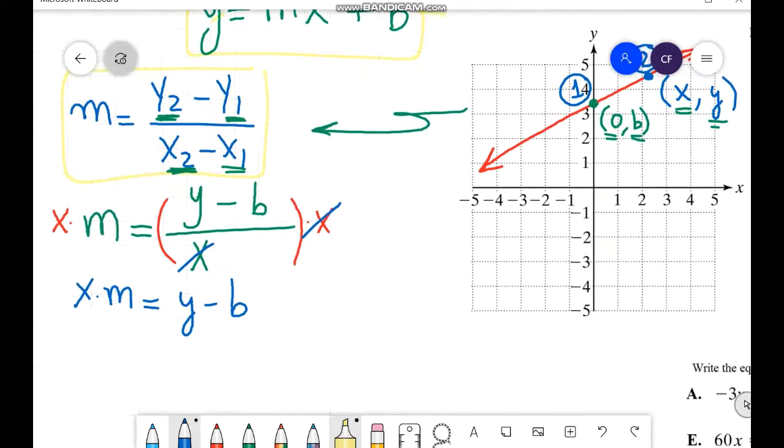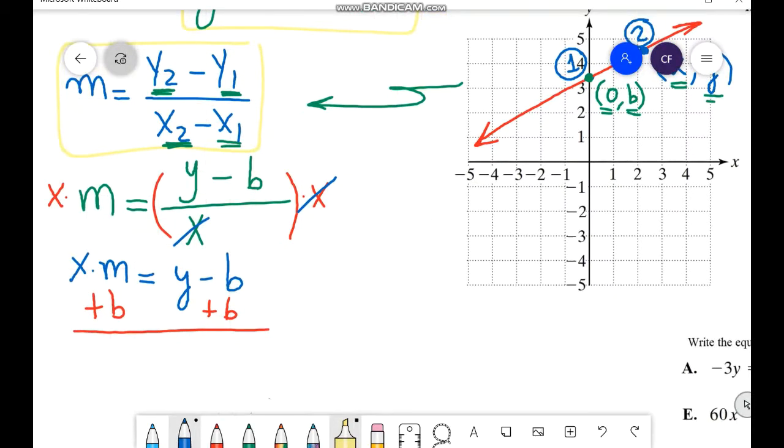Another thing I can do to have only y on this side is add b on both sides. Then we have x times m plus b equals y.